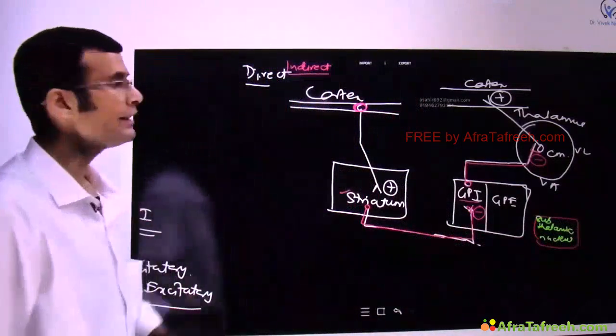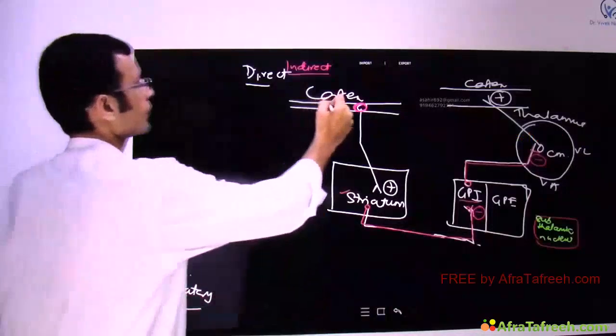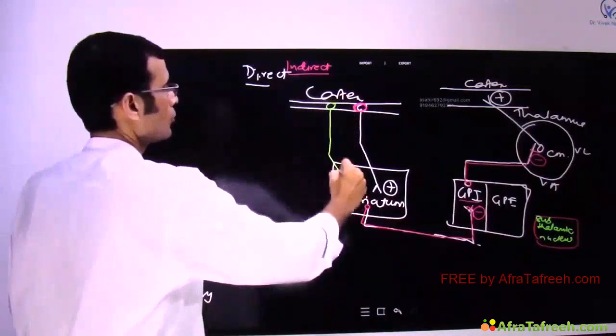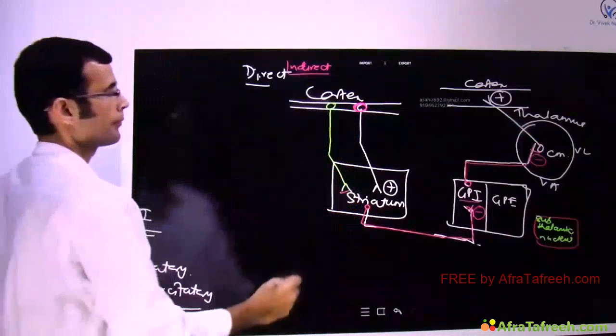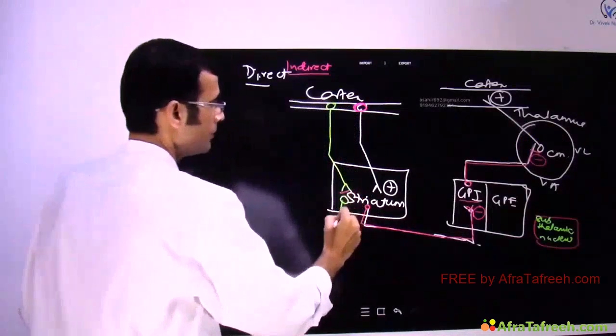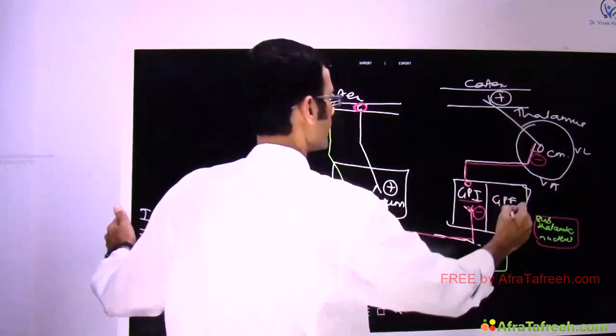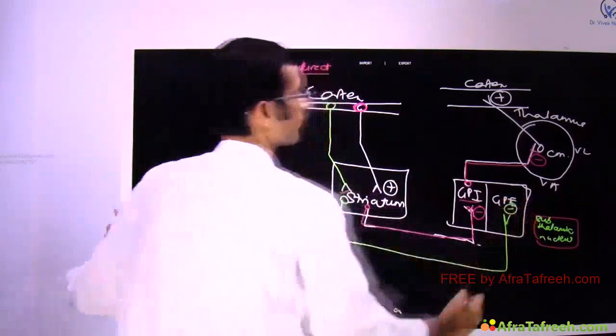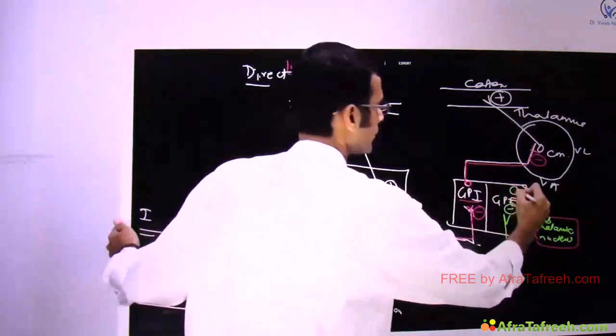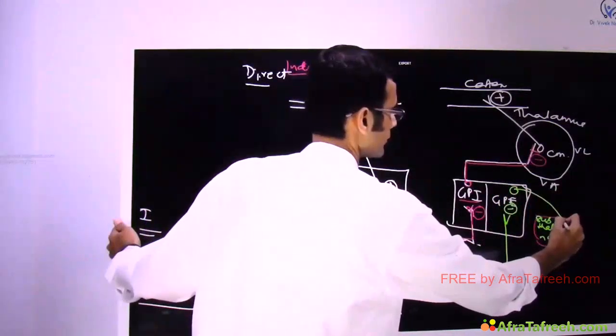So let's see the indirect circuit now. Cortex to striatum, striatum to pallidum, but this time first the external globus pallidus. External globus pallidus to the subthalamic nucleus.